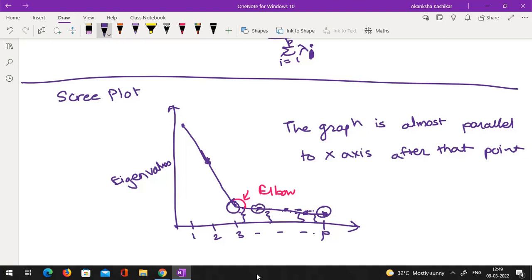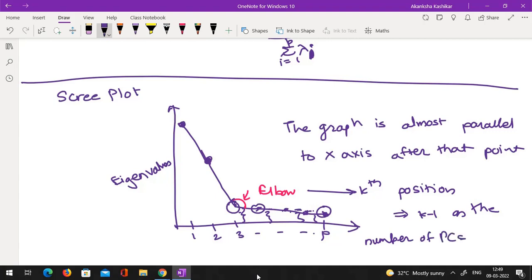However, the earlier PCs contribute much more. So if the elbow is at the kth position, then we take k minus 1 as the number of PCs that should be retained in further analysis.